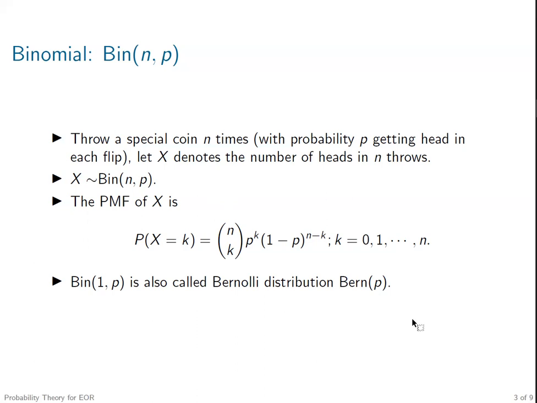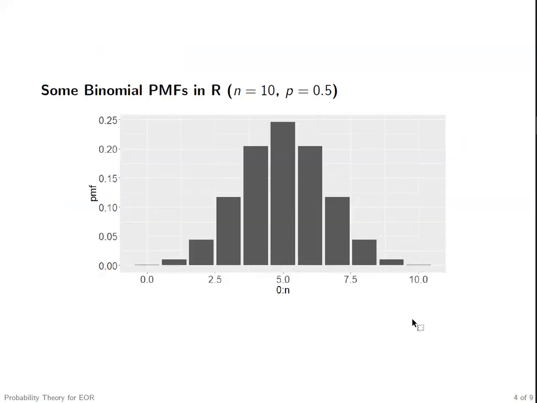Now let's take a look at some figures of the PMF. If we fix n equal to 10, p equal to half, this is what the PMF looks like, right? Indeed, the largest probability mass is assigned to the number 5, because here we have successful rate equal to half. So if we throw 10 times, the most likely number of heads you get is 5.